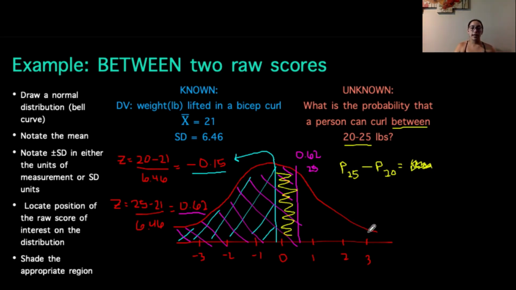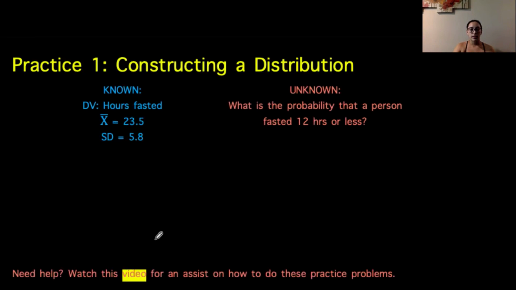Okay. So again, you guys can actually look up what these probabilities would be. I have included some other examples with linked videos in your PowerPoint so that you can go through those on your own, and practice finding the probabilities using the z-tables a little bit more, but just in a different way than we already have.